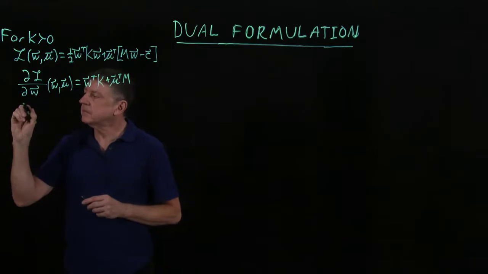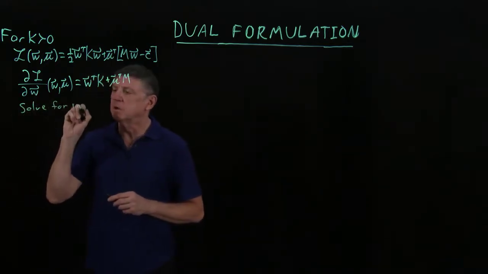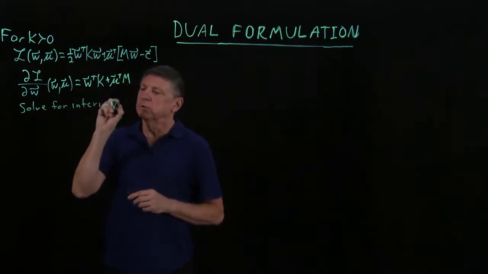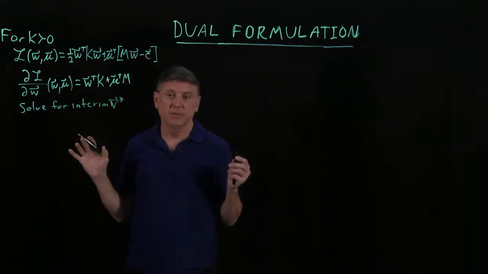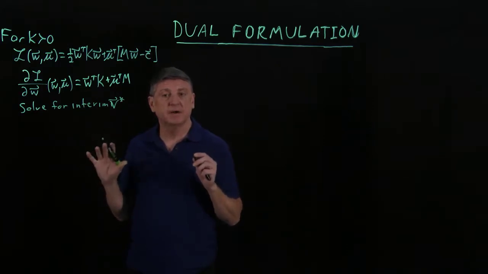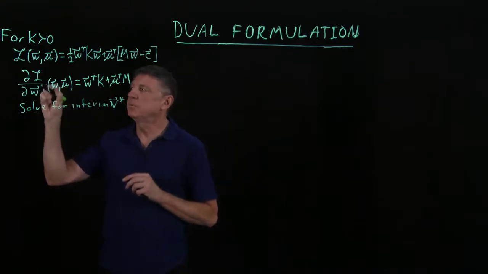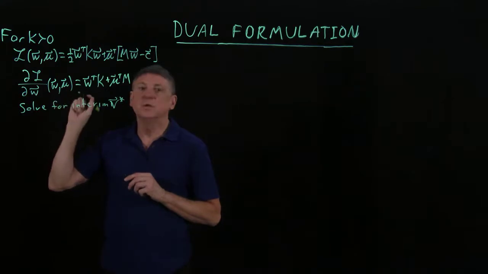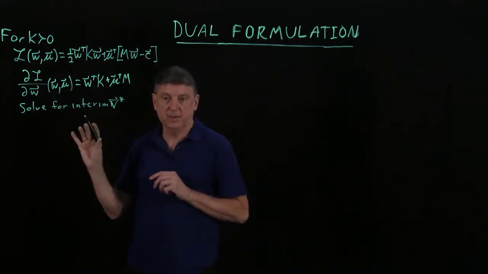So let's solve for an interim. Let's say that there is some V that we're going to solve for. Instead of W, I'm going to use V, and this will clarify some things that will follow, because this will be the optimum for the dual, and then we'll have to do some reconstruction to find it for the primal.